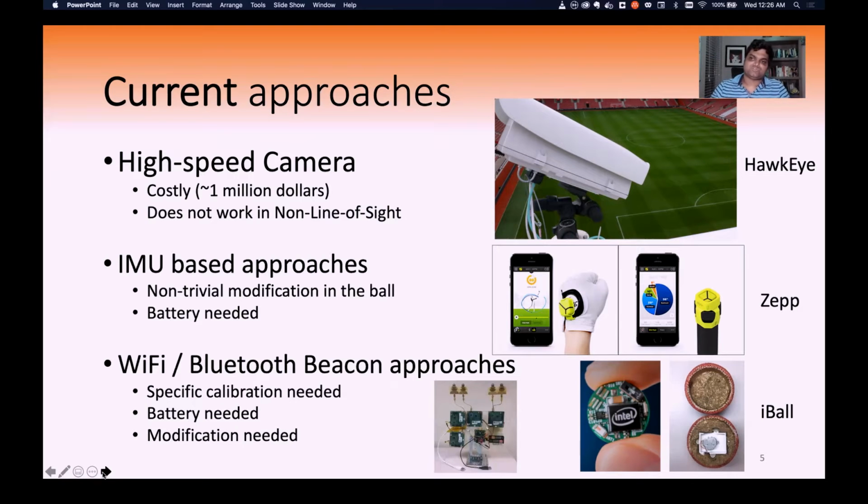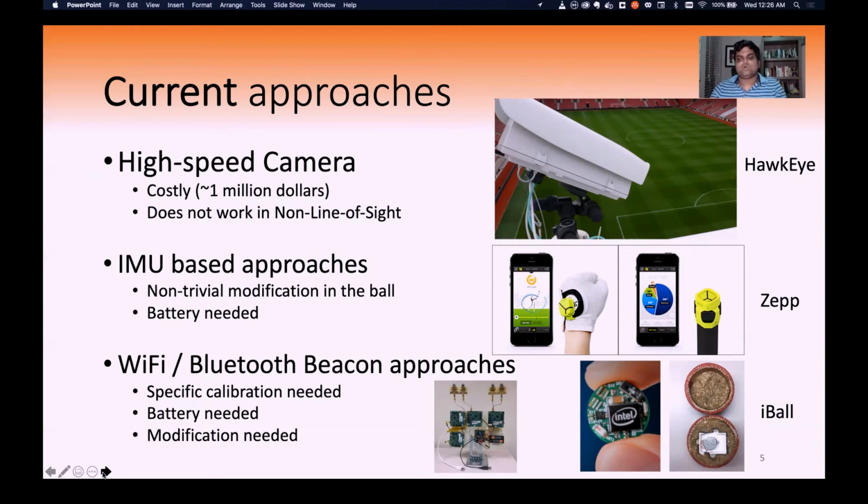Another approach in the research domain is Wi-Fi and Bluetooth beacon-based approaches, where you have an antenna array of Wi-Fi or Bluetooth, and the ball contains a beacon which sends a signal at a particular time interval. We can estimate the ball location using angle of arrival estimation and distance estimation through time of flight calculation.